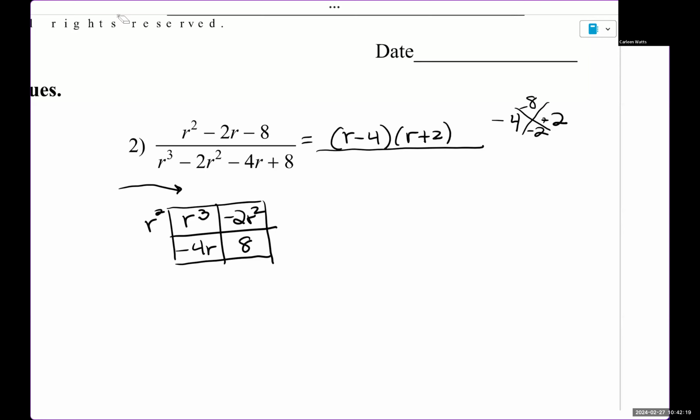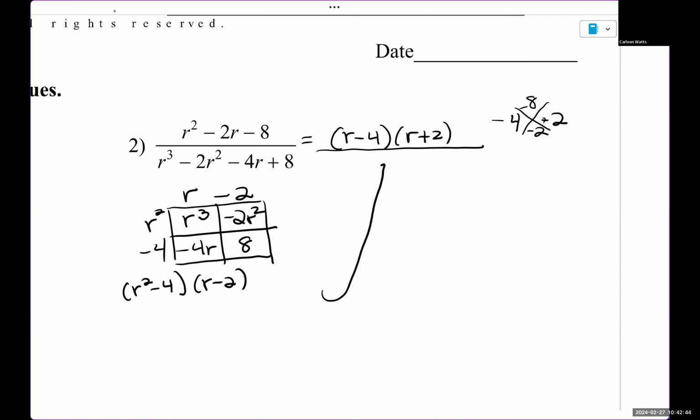Just R. So we have R squared times R, R squared times -2, R times -4, and then -4 times -2 is +8. So we're going to have R squared minus 4 and R minus 2.